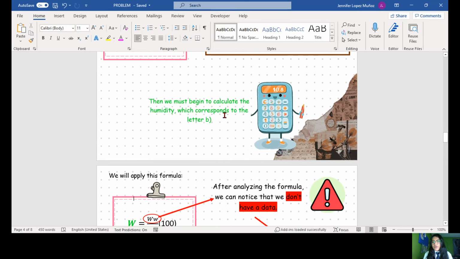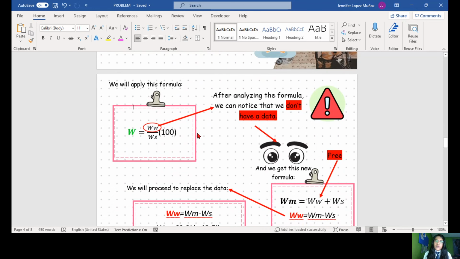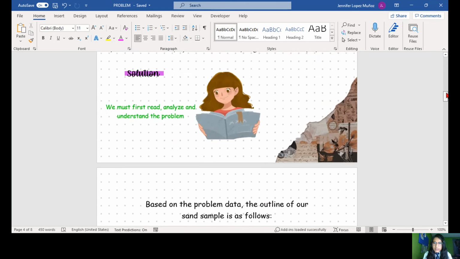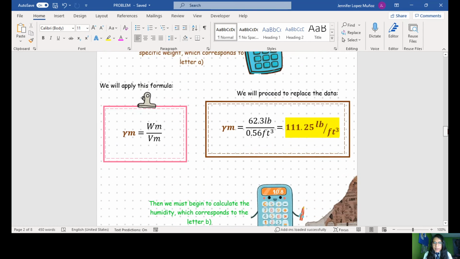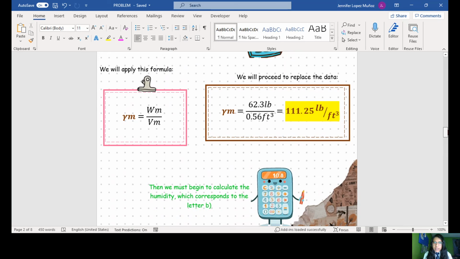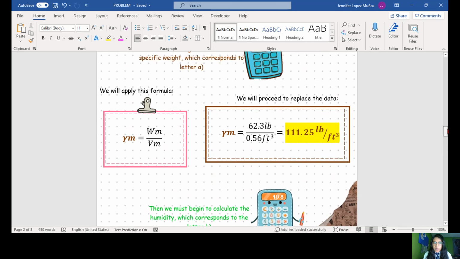And then we must begin to calculate the humidity, which corresponds to the letter B. We will apply this formula.